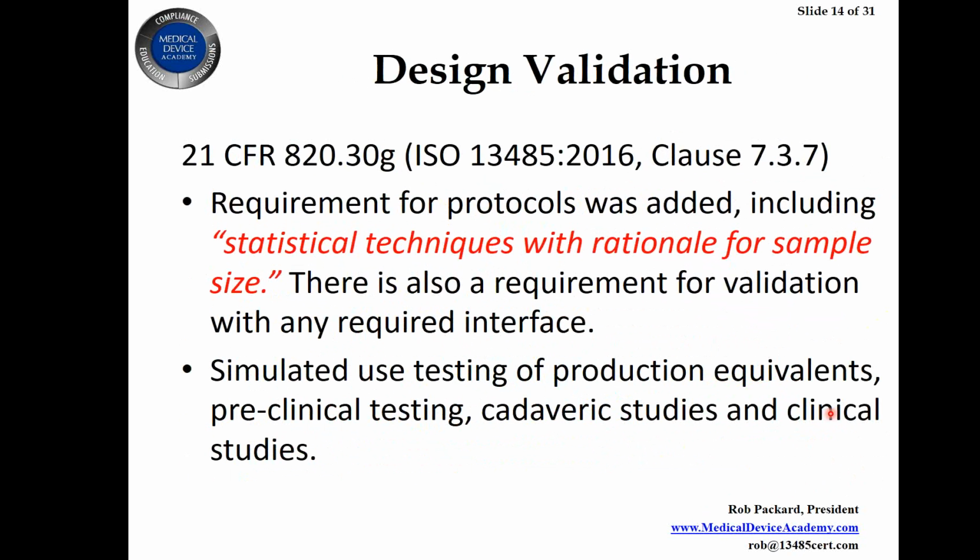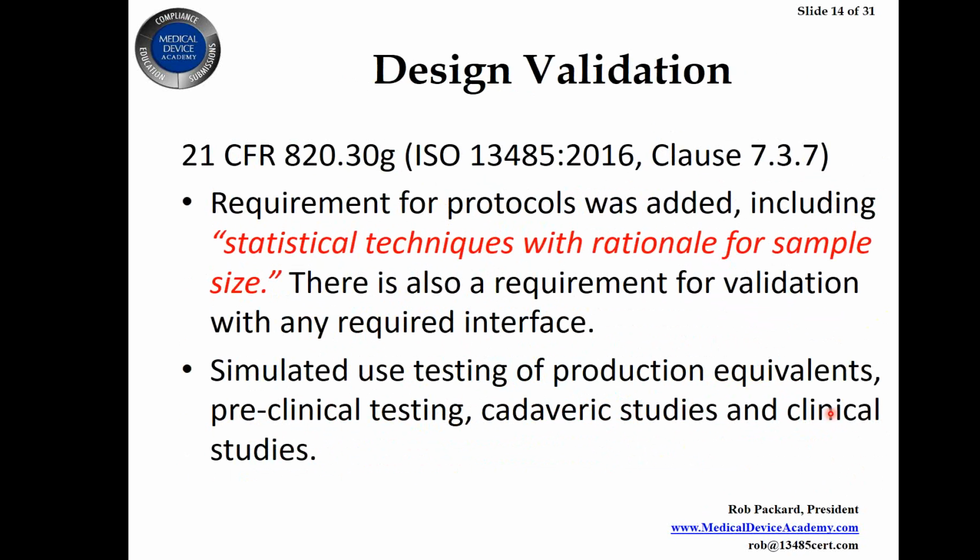Okay, so design validation. Once again, statistical techniques and rationale for sample size. You want to be clear, both in verification and validation, what is the worst case scenario and why. You might have the smallest and largest size, you might just have the smallest size, you might just have the largest size. If you can't come up with a rationale for worst case scenario, then use a cross sampling. You can have one of each size if you wanted to and pool the results. That's okay too.